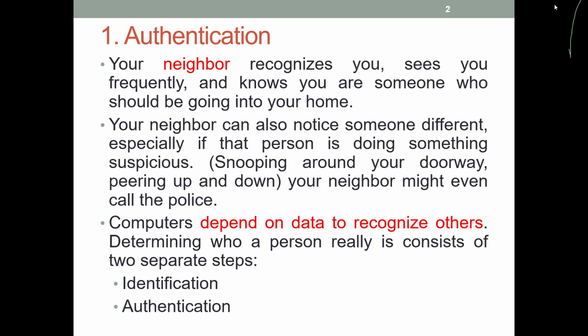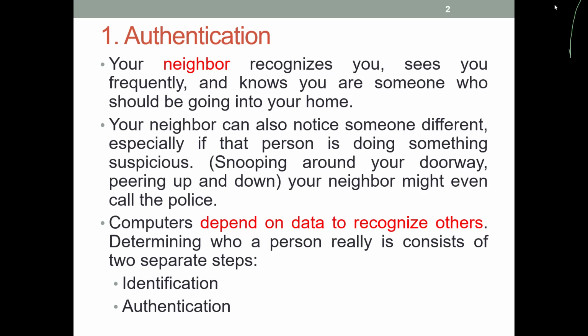What that indicates is authentication. You know who normally visits the house and who lives in the house. If you find new faces not familiar with the house, that creates doubt, doubtful behavior, and then we react to it. That is authentication.